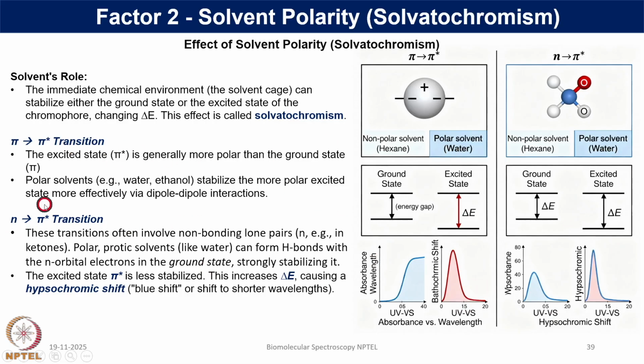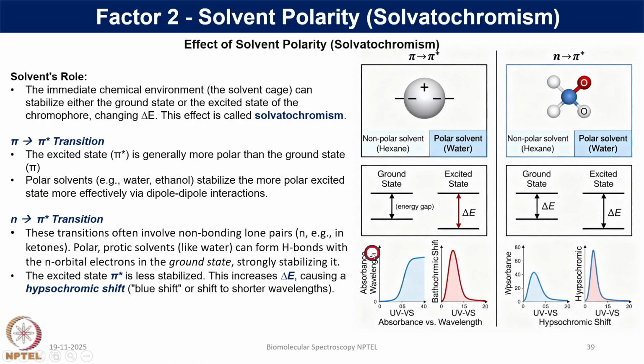Now the n to pi star transition, the other transition that we looked at. These transitions often involve non-bonding lone pairs, like in a ketone. A polar or protic solvent like water can form a hydrogen bond with the n orbital electrons in the ground state, and that strongly stabilizes it. The excited state pi star is less stabilized, and therefore delta E increases and causes a hypsochromic shift, or blue shift.